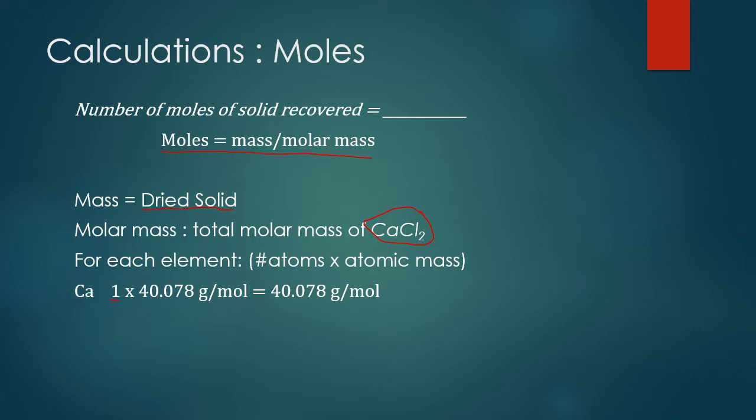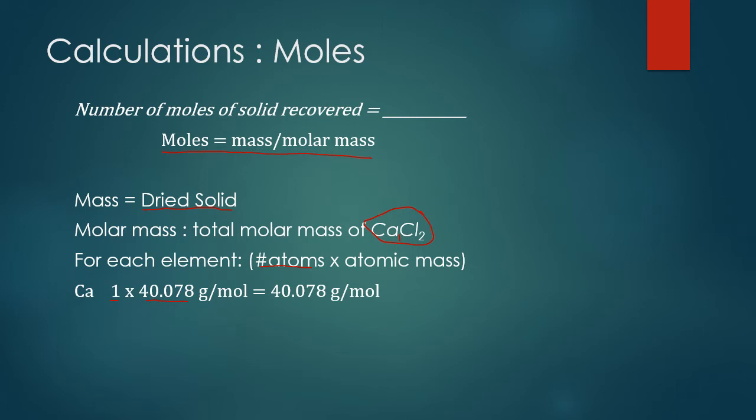Notice calcium doesn't have a subscript after it. If there's no subscript present, that means it's a subscript of just 1. So that means there's just one calcium atom present in this chemical formula. So that gives me number of atoms. But next, I need to multiply that number by the atomic mass. You can see the atomic mass of calcium is 40.078 grams per mole. I got that number by looking at the periodic table, and you have one in your lab manual, I believe on page 81 in the appendix there.